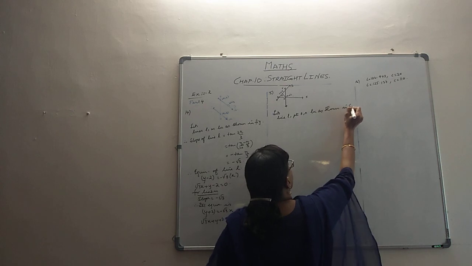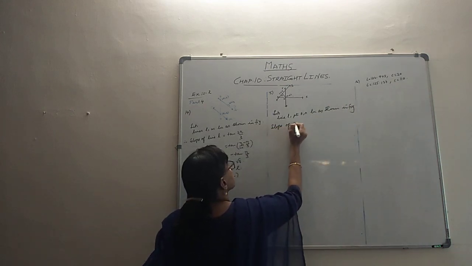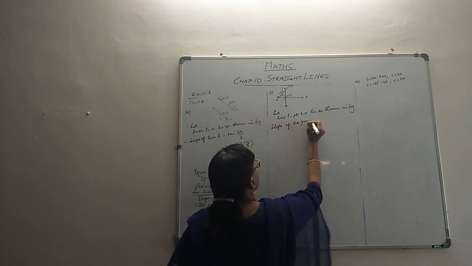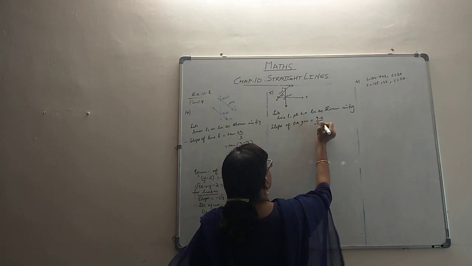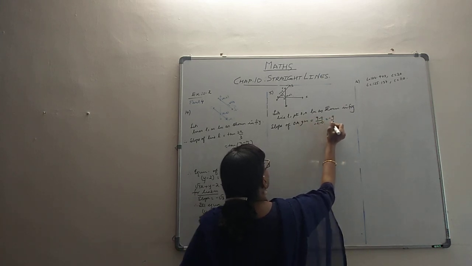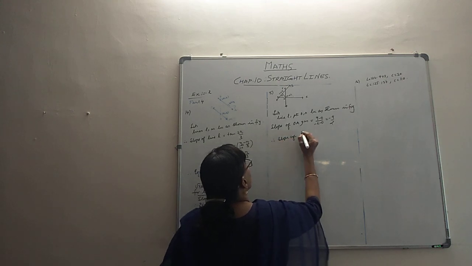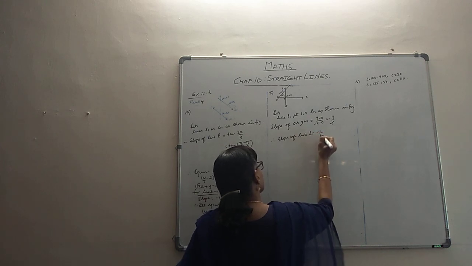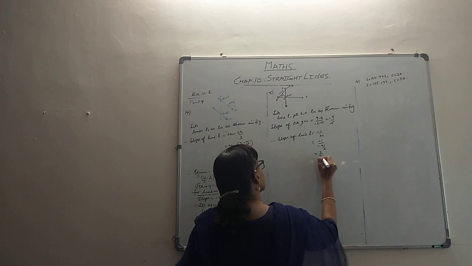Then the slope of OA, if we call it m, is going to be (9 minus 0) by (-2 minus 0), which is minus 9/2. Therefore the slope of line L is minus 1 by m, so minus 1 by minus 9/2, which is 2/9.